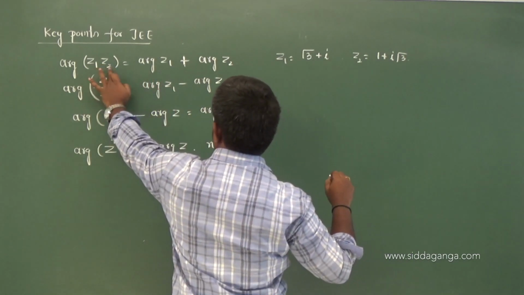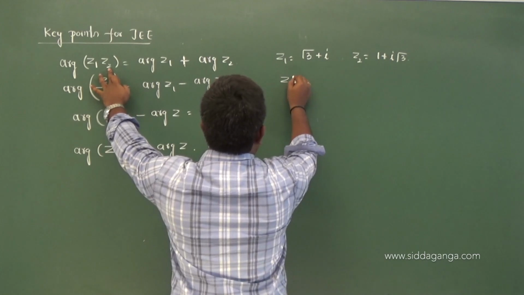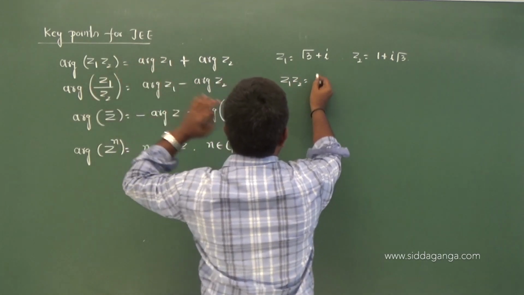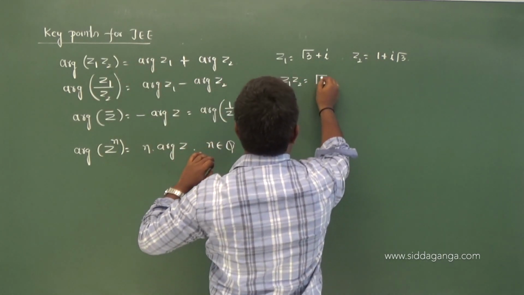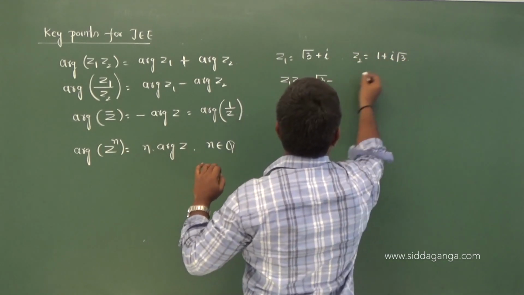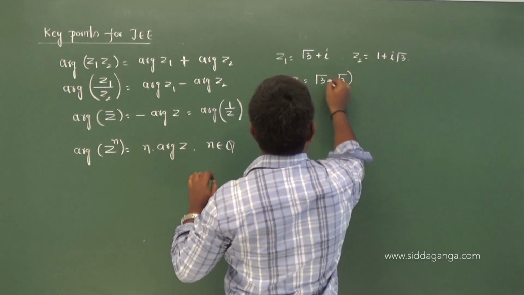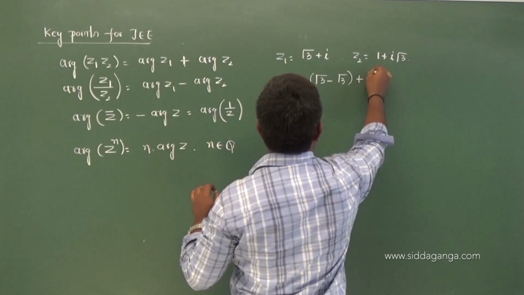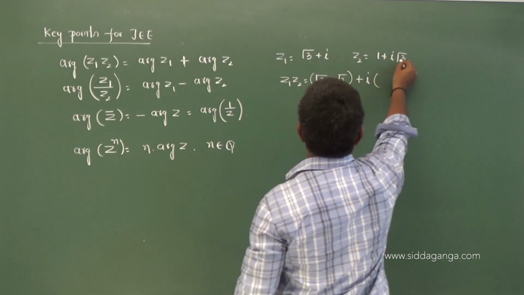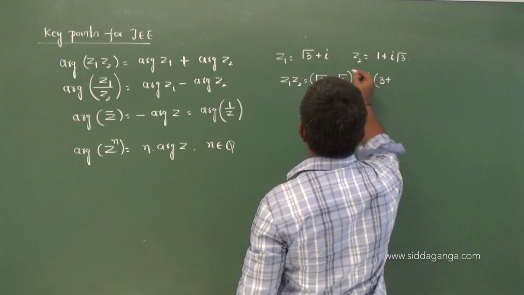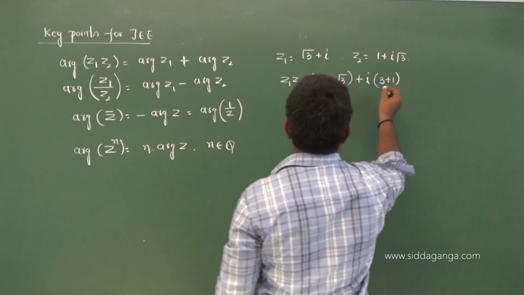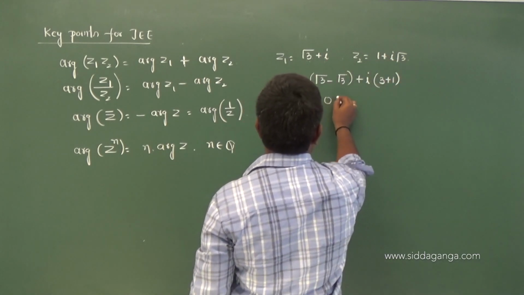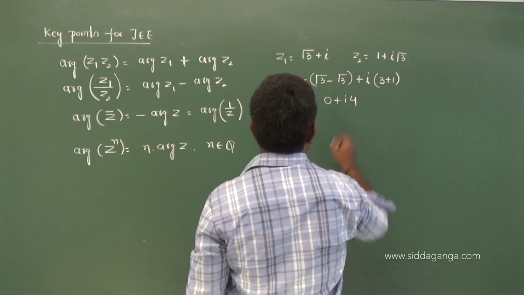Let's find Z1 into Z2 first. Z1 into Z2 is given by AC minus BD, plus I into AD plus BC, root 3 into root 3, that is 3. So you get, students, 0 plus I4.